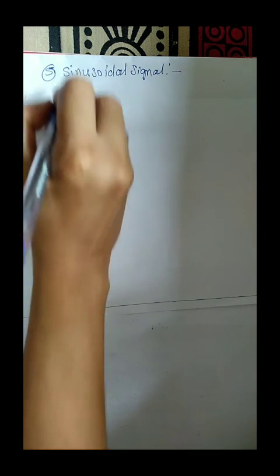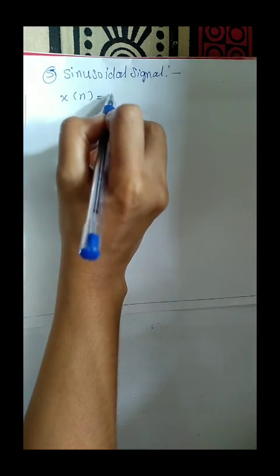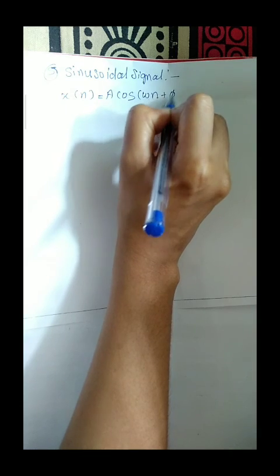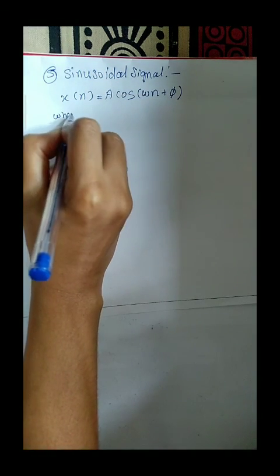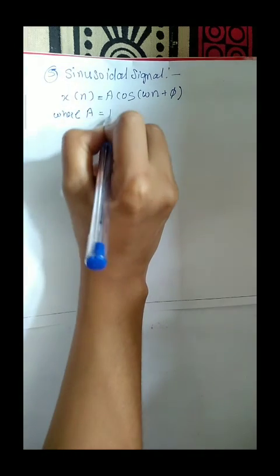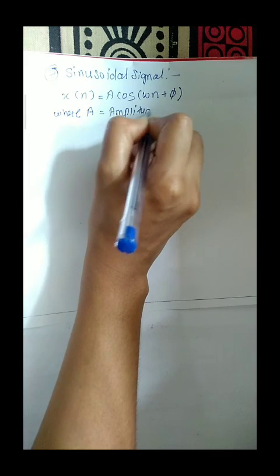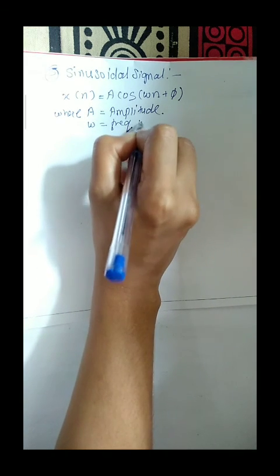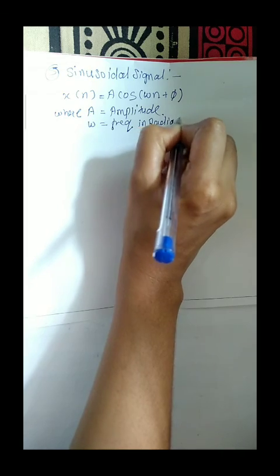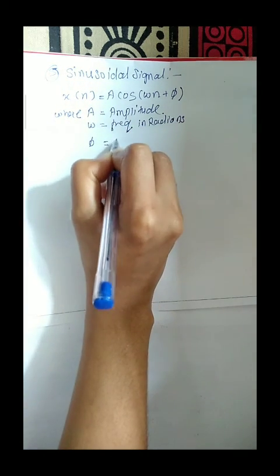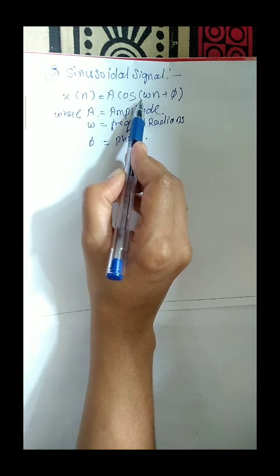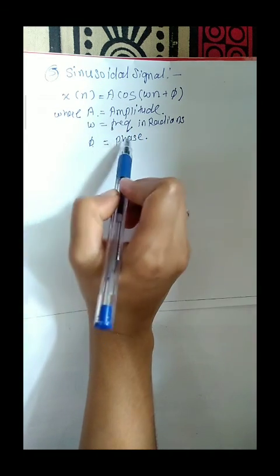Then next is the sinusoidal signal. Sinusoidal signals are given by the formula x of n is equal to A cos of omega n plus phi, where A is the amplitude, omega is the frequency in radians, and phi is the phase.